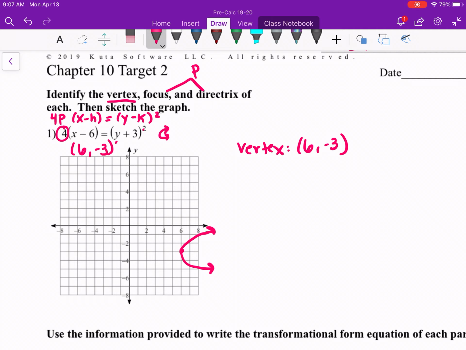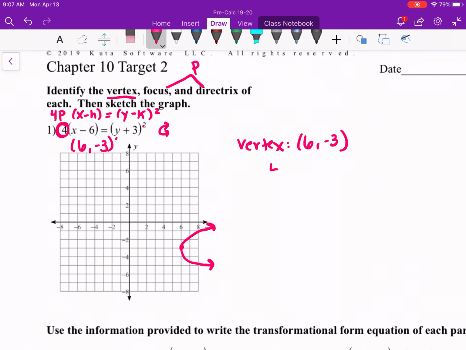So when we're looking at the 4 in this equation, this 4 is taking the place of 4P, meaning that 4P in this equation equals 4. So I would have to solve to figure out what P is. I divide both sides by 4, and now I know that P equals 1.